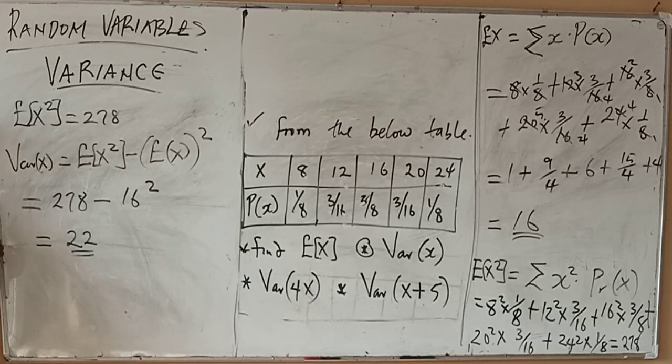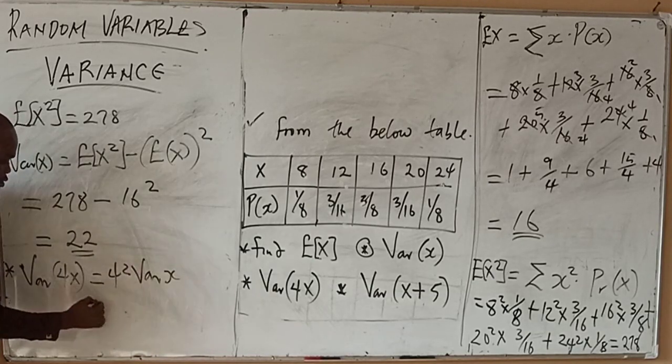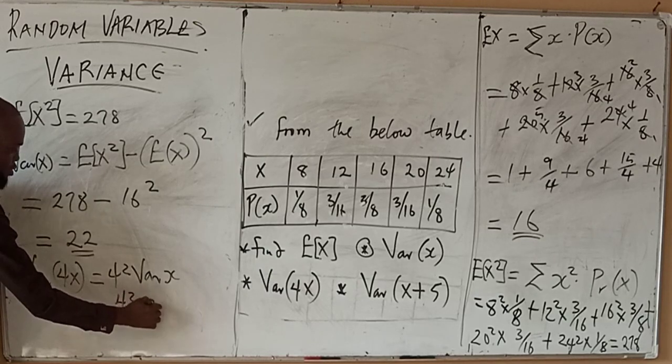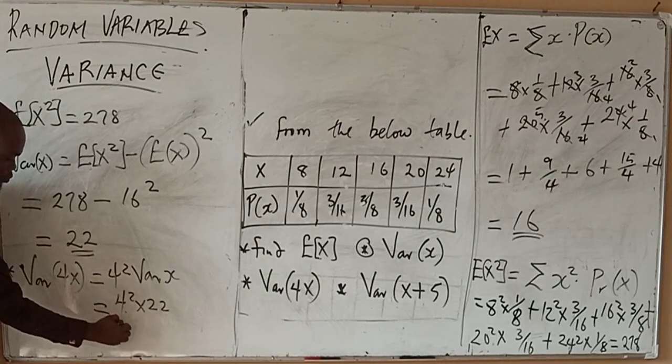Then for the next one, which is variance of 4x, remember, variance of ax will be a squared times variance of x. So it is 4 squared times variance of x. We have 4 squared times 22. This will give you 352.